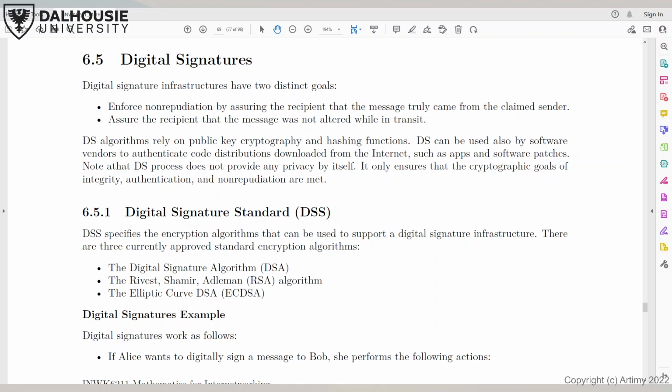And later, let's say you're in a bank application or some legal application where you want to make sure that this message actually came from the person, and the person cannot later say, no, I didn't send it. So that's the goal of the regular signature, right? When we sign a paper with our regular pen and paper signature, this is what we actually do.